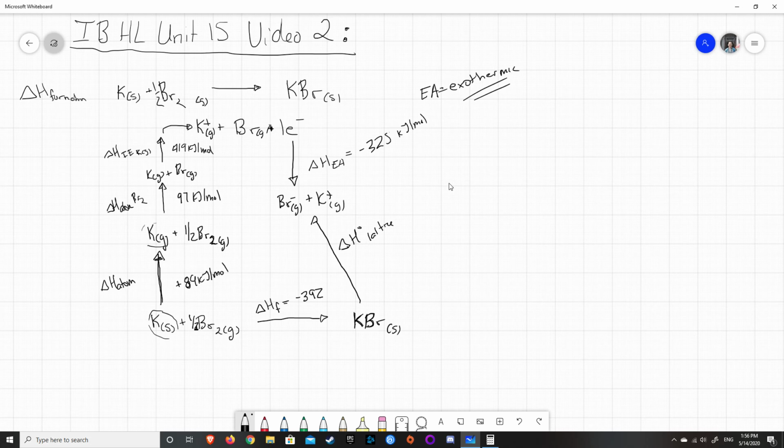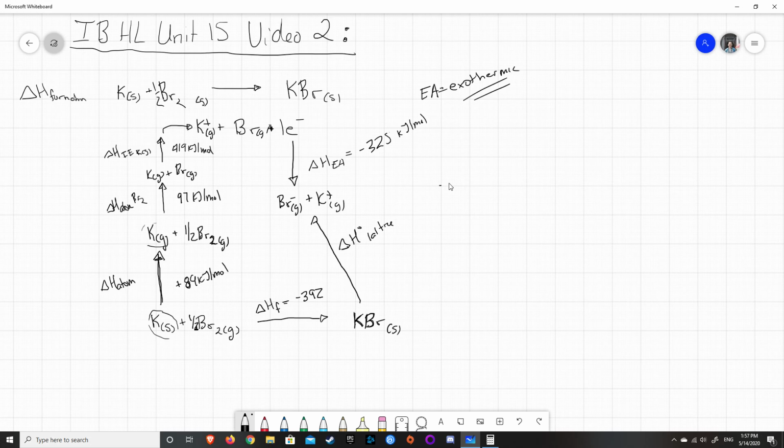So how would I do this? This is a good question. All you have to do is add all of the endothermic, all of the up arrows, and then add all of the down arrows, and that equals your delta H of formation.